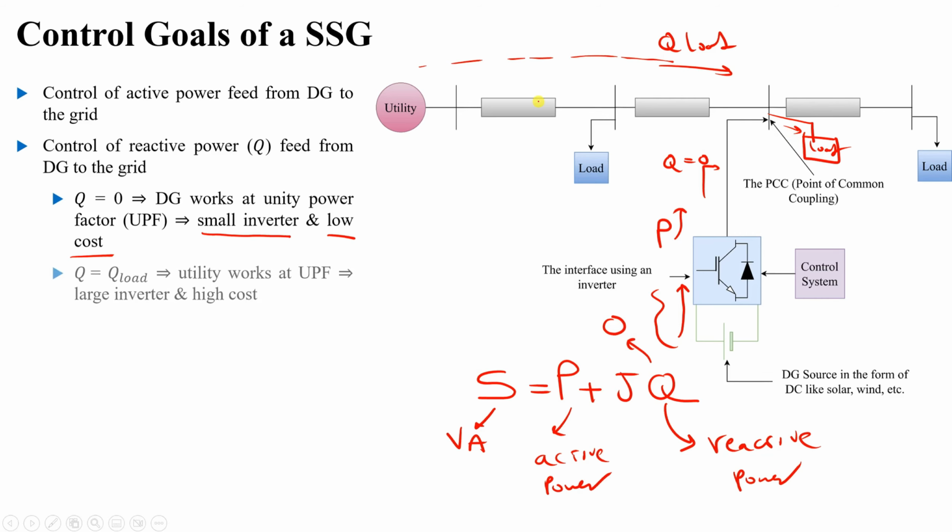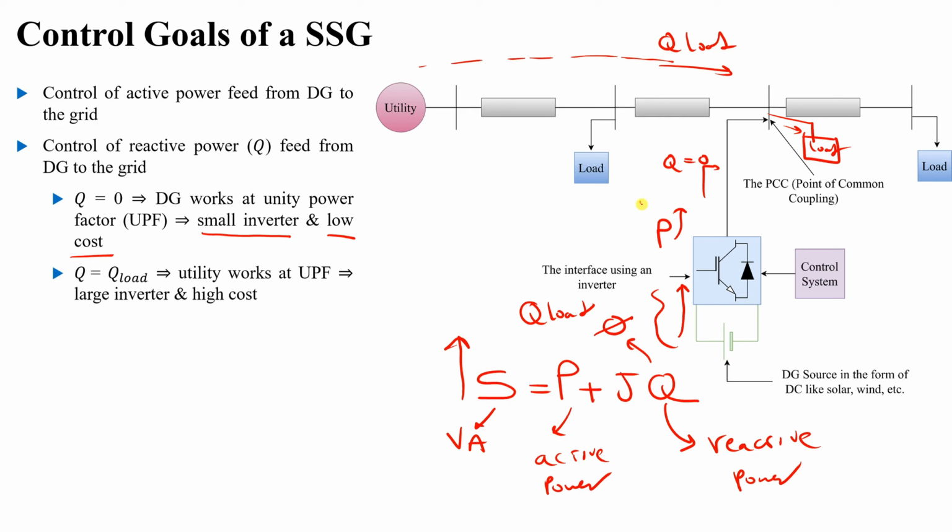So what we are going to do is that our generator here will not give zero reactive power. It will give the Q also required by the load. So in this case, the size of the inverter will increase, because this inverter will have a higher power rating that allows this Q to pass through it, right?